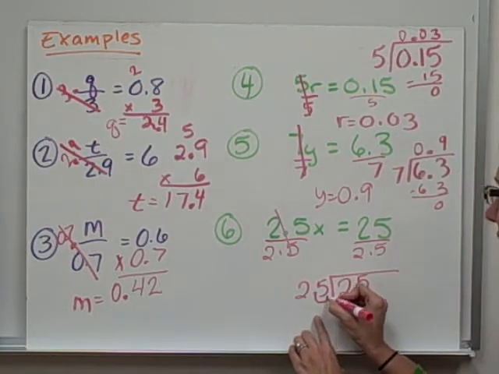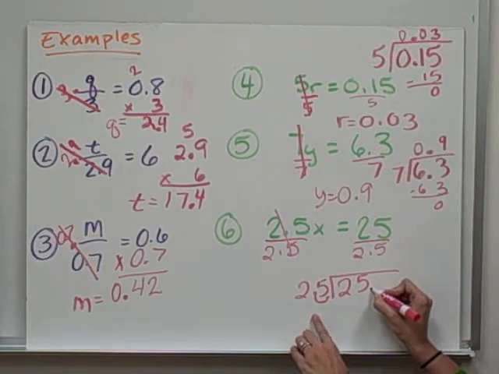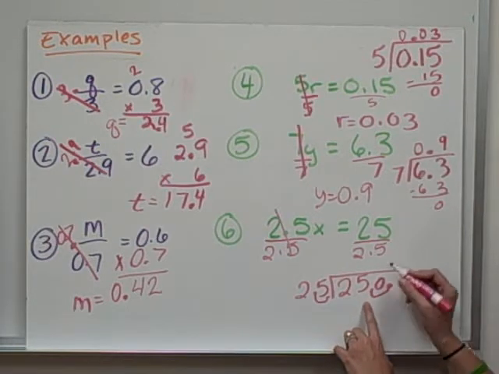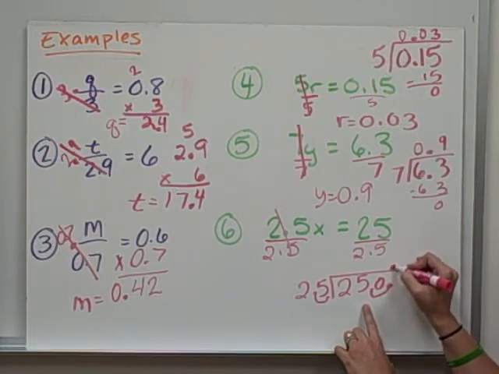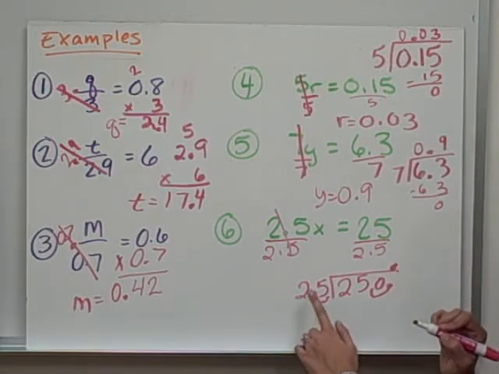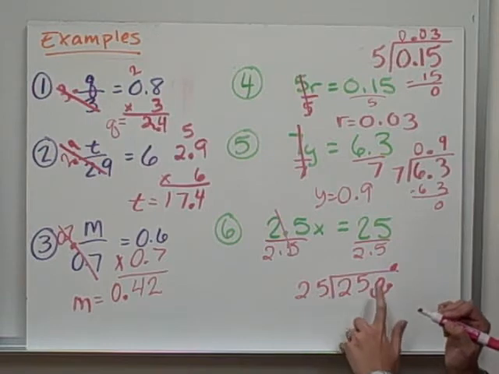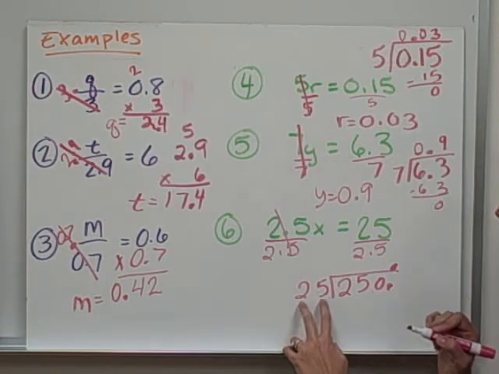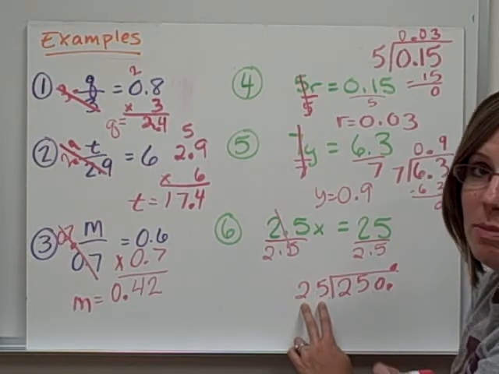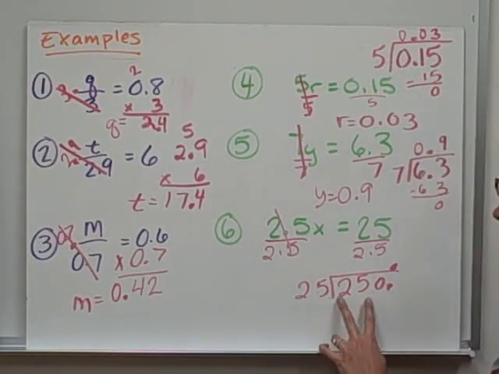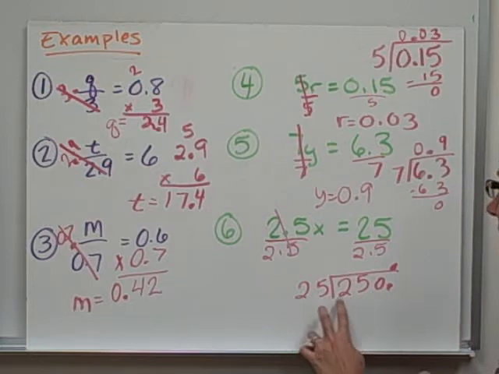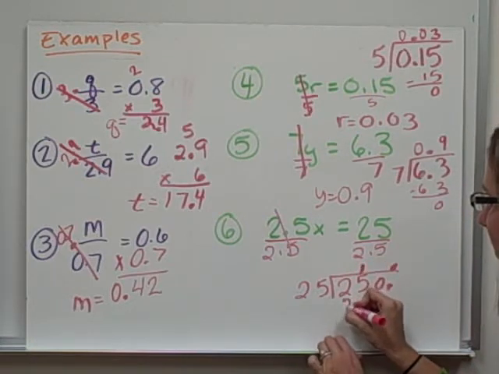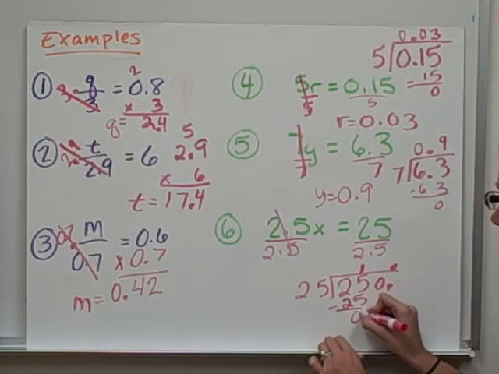If I move the decimal over once here, I also have to move the imaginary decimal over once here, add a placeholder, and bring my decimal up. Now if I erase my work slightly, I've got 25. I want to see how many times 25 goes into 250. So 25 goes into 25 once. 1 times 25 is 25. Take away. We've got 0.